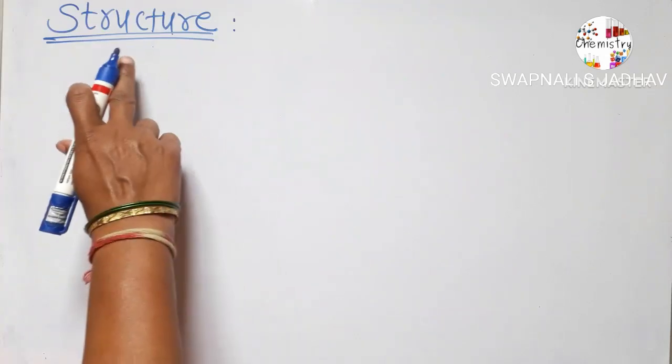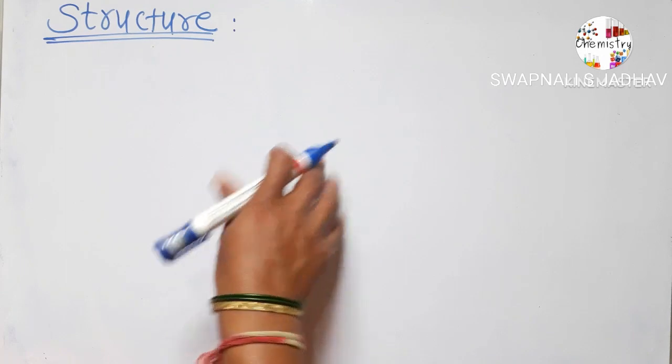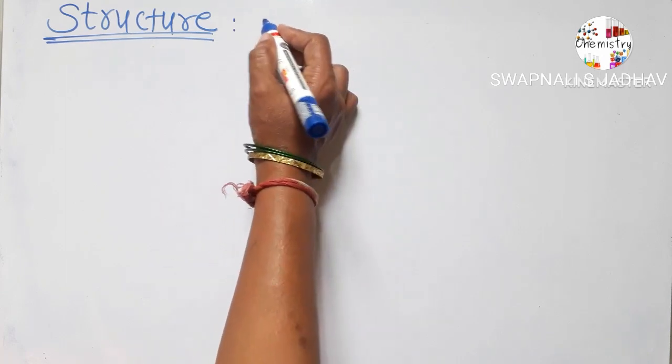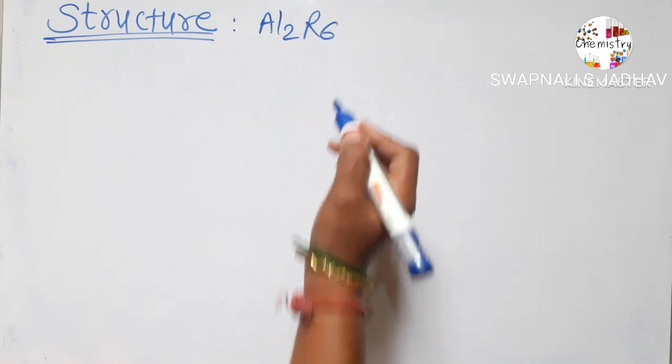Now we see the structure for the alkyl or aryl compounds of aluminium. The general formula for that is Al2R6.